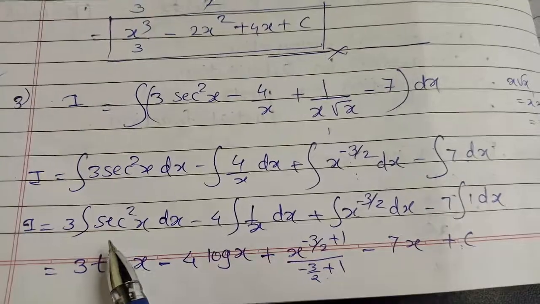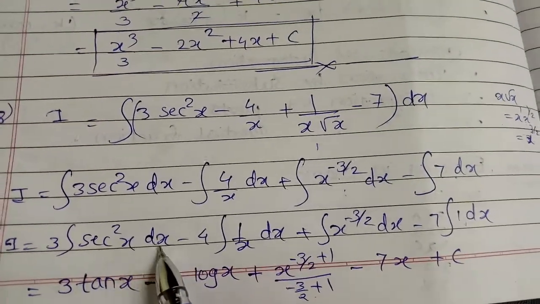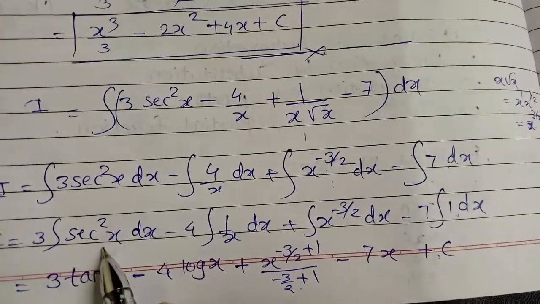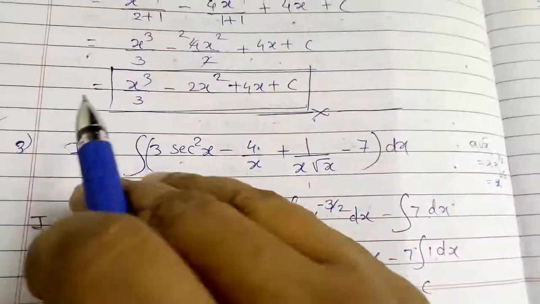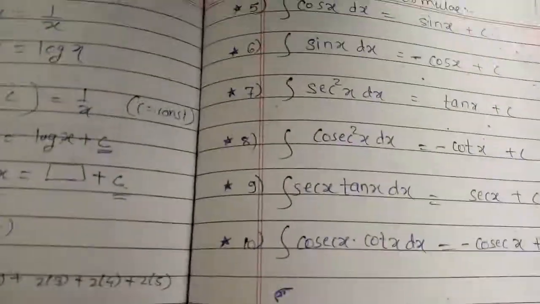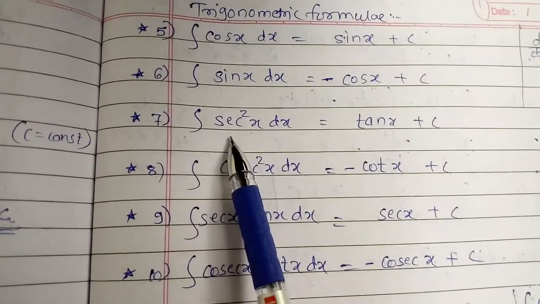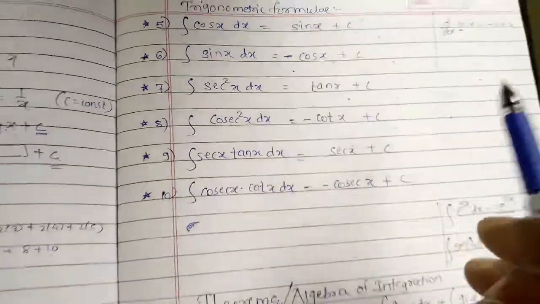So for 3 times the integration of sec square x, we have to find the integration of sec square, that is tan x. We learned the formulas yesterday. The integration of sec square x is nothing but tan x.